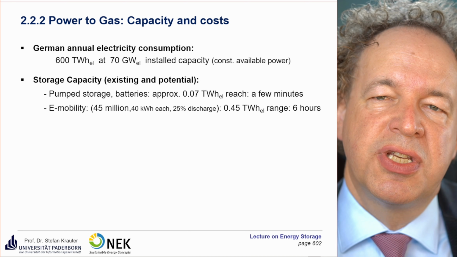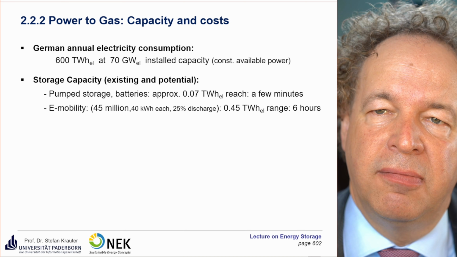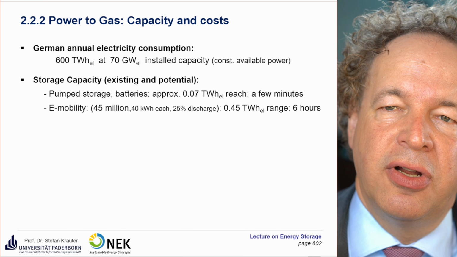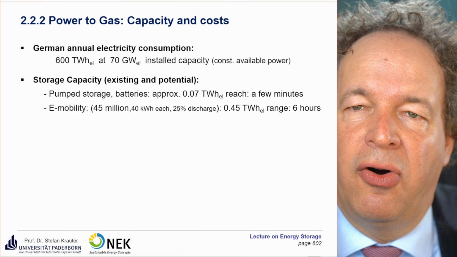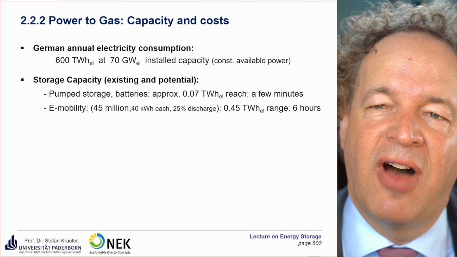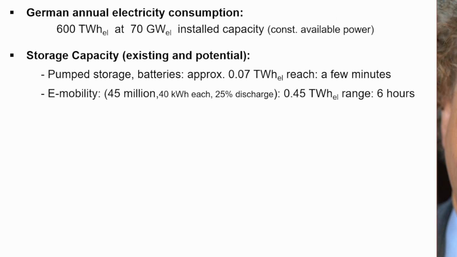If you would use some part of the electrical vehicles, for example, if you have in the future 45 million electrical vehicles, each has a battery of 40 kilowatt hours, and you would allow only for 25% of discharge for this purpose, we would have an electricity capacity of 0.45 terawatt hours. This would lead to a range of 6 hours of the electricity network and the electricity consumption.